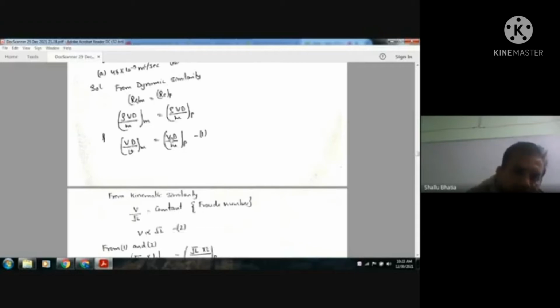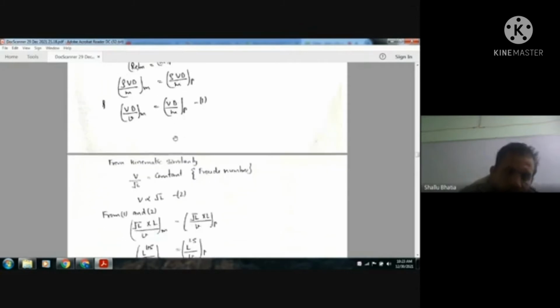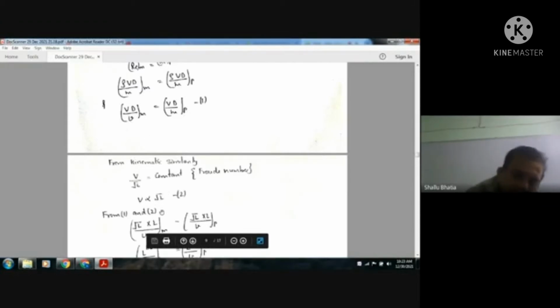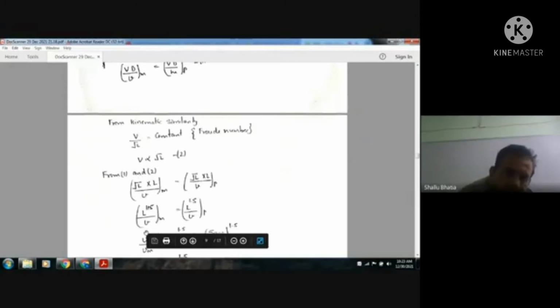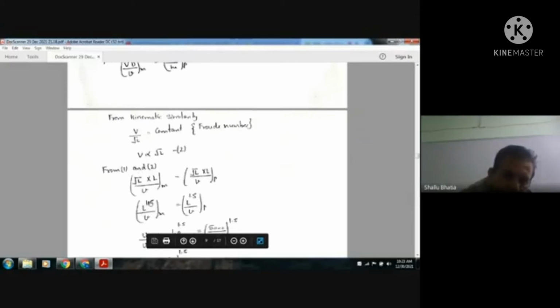Putting v as root L, and d as L because they are geometrically similar, so d is equal to L. So we have v root L and this is L. Now this gives L to the power 1.5.